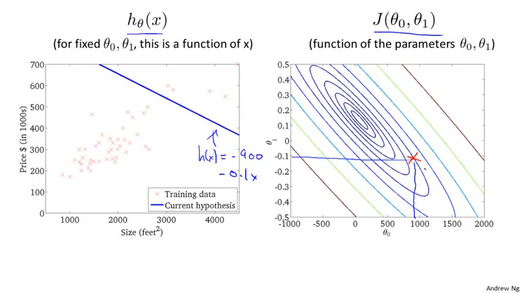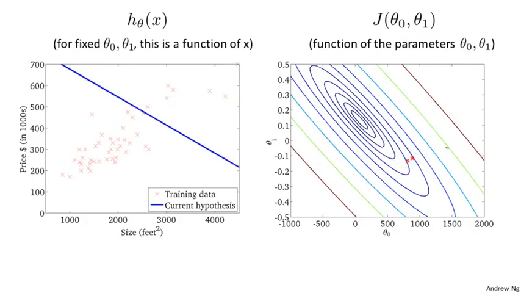Now, if we take one step of gradient descent, we end up going from this point out here, a little bit down and left, to that second point over there. And you notice that my line changed a little bit. And as I take another step of gradient descent, my line on the left will change, right? And I've also moved to a new point on my cost function. And as I take further steps of gradient descent, I'm going down in cost, right?